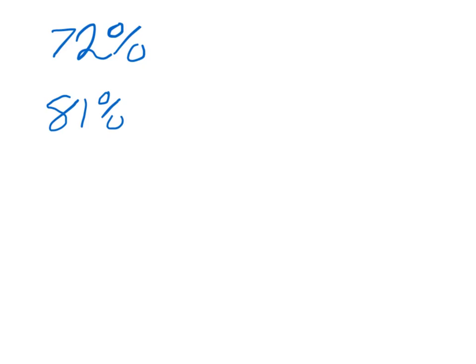Okay, the next question to look at is kind of a tricky percentage score. If Jane on her first test got a 72% and on her second test got an 81%, the question being, what percent increase did she have? I'm going to write this down because it's important.